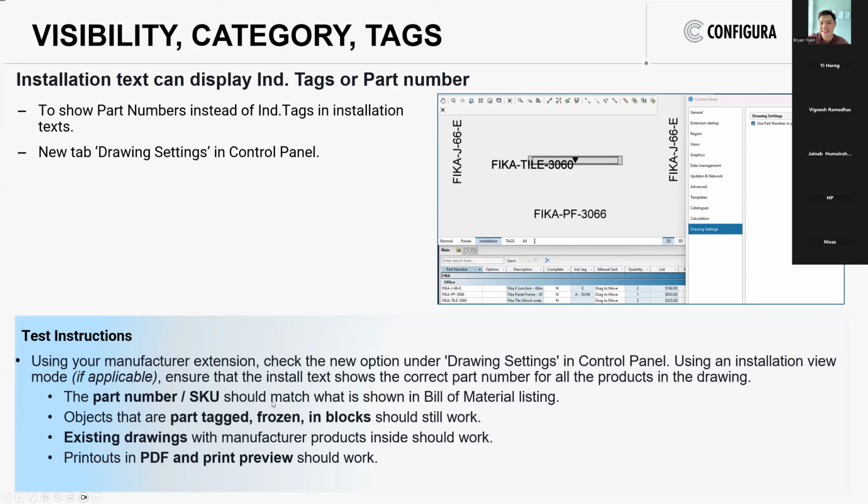It's very important to make sure that the part number SKU matches what is shown in the bill of material listing. Now, objects that are part tag frozen in blocks should also work. Old drawings should also work. And after you have changed it to show part numbers, please also make sure it shows in your PDF and print preview.